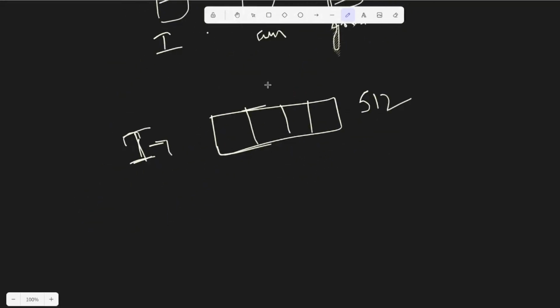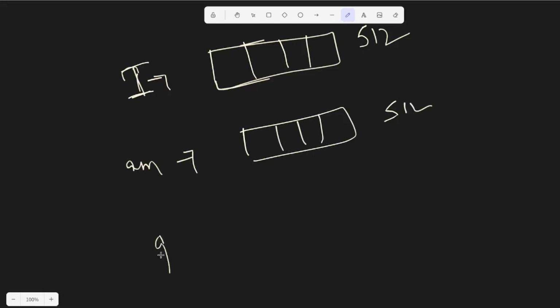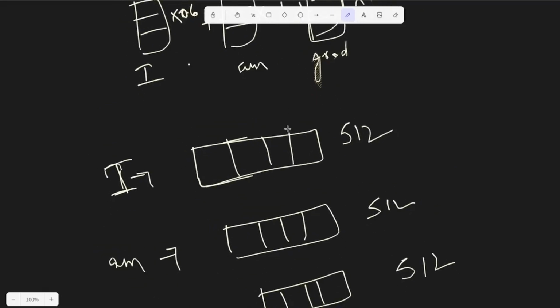Similarly, I know this is confusing, you have to go through it multiple times to understand this, but similarly for the word am, we form a representation that's of size 5 and 2, and similarly for the word good, we form a representation that's of size 5 and 2. Let's say for am, we could have values like 0.1, 0.7, 0.2.